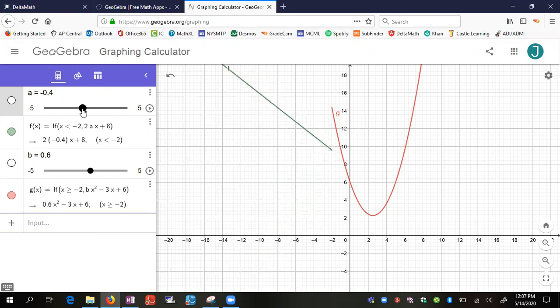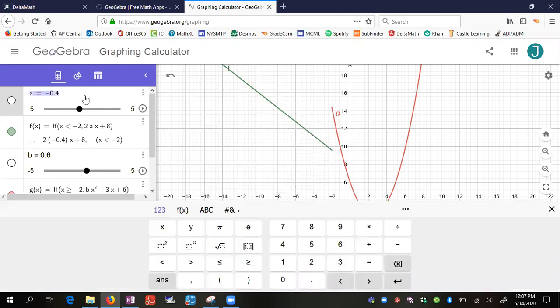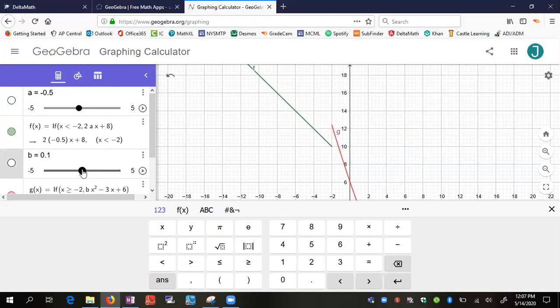And if I have B as also -0.5, we'll get a function that's continuous. So if I change this to -0.5, you can see right there, it appears to be continuous and differentiable. And so there it is satisfied.